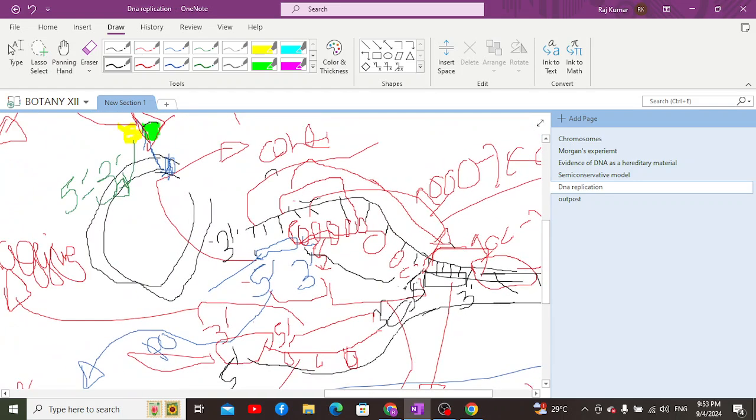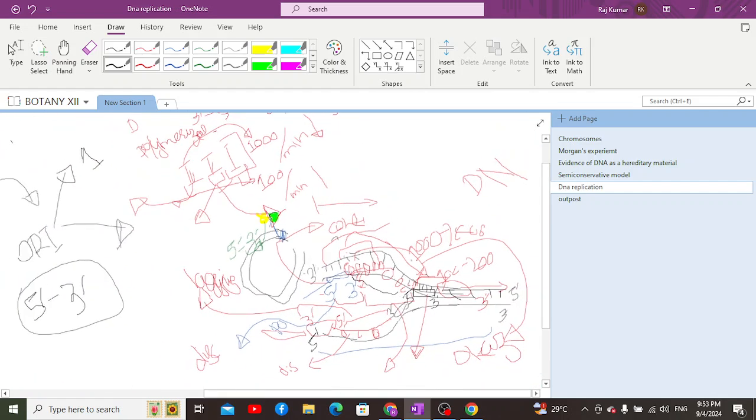By removing the primers and joining the Okazaki fragments, it forms a continuous DNA strand. So this is the process occurring in the termination phase, and the formation of Okazaki fragments occurs in the elongation phase.